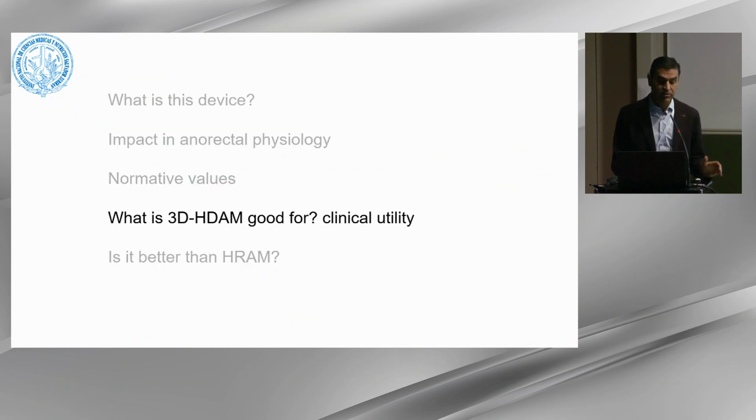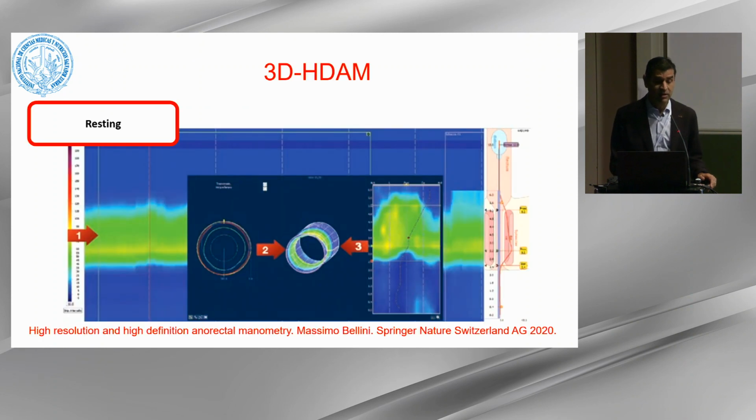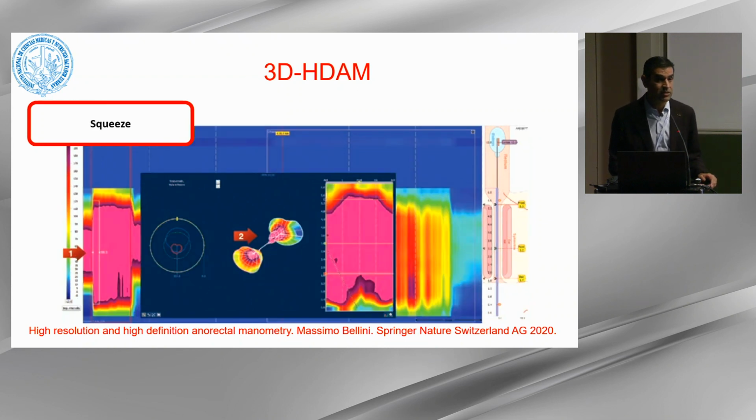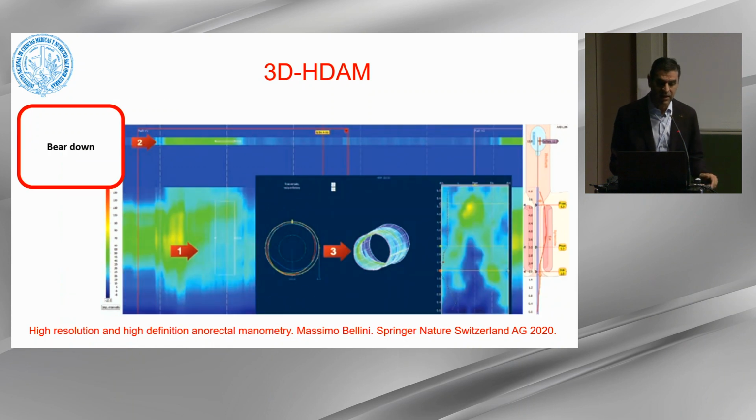So what is this 3D high definition anorectal manometry good for? Well, let's talk about some clinical utility. So we can now assess very well the resting pressure and the squeeze pressure, and we can see this asymmetry, and we can actually evaluate how the pressure is located in the entire anal canal.